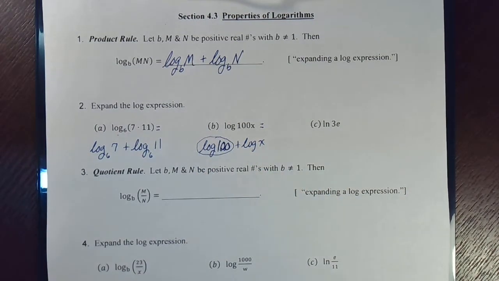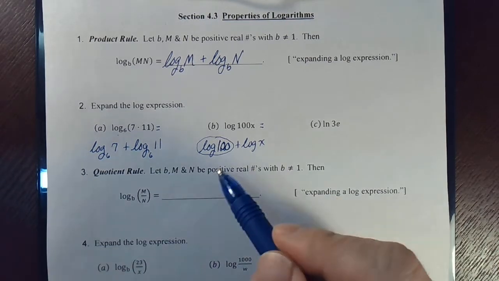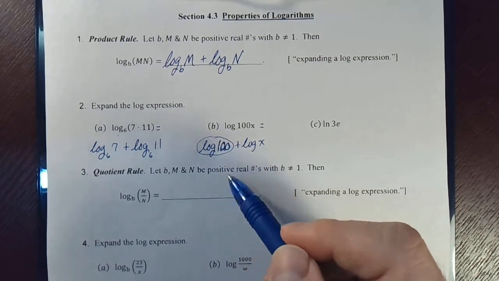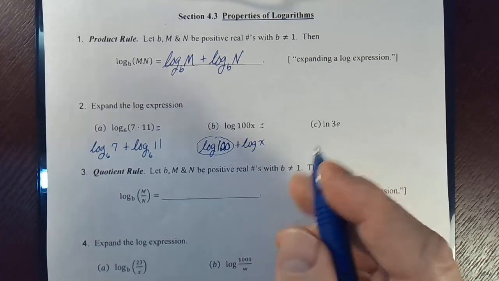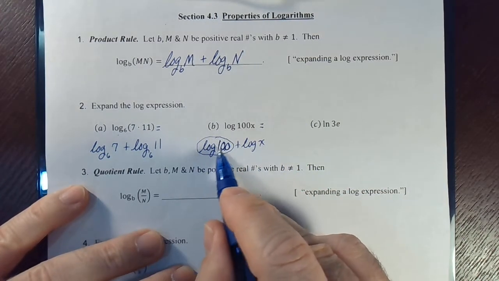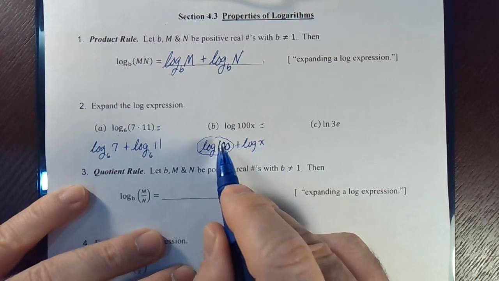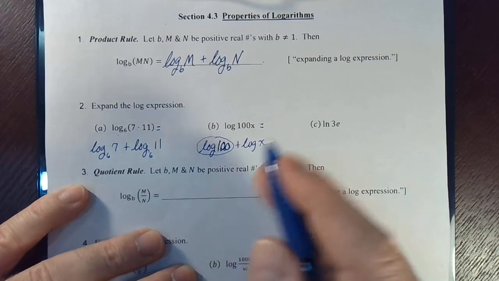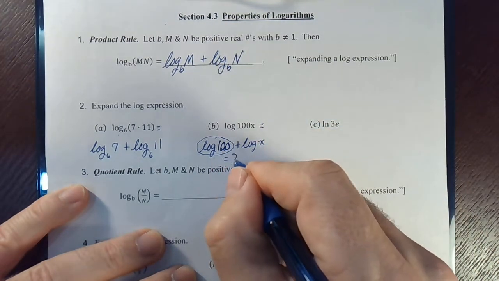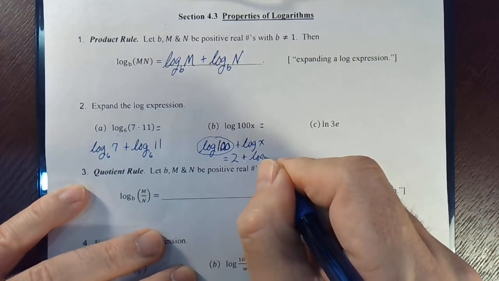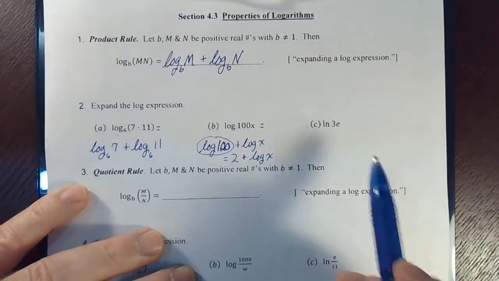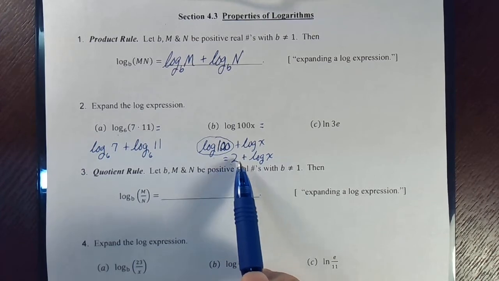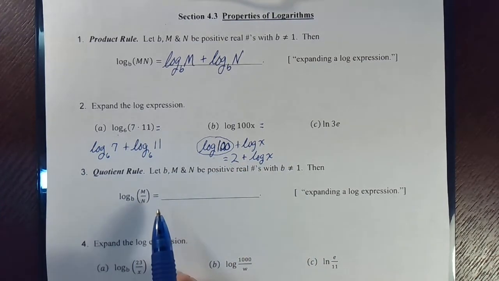Log base 10 of 100 is 2, because 10 squared gives you 100. So I would prefer that anytime you write something like this where you know the actual value of it, actually write that number. So this would be 2 plus log x. Log of 100x is equal to 2 plus log of x.